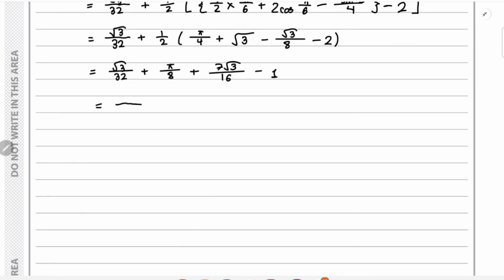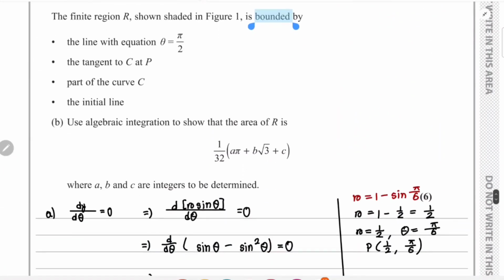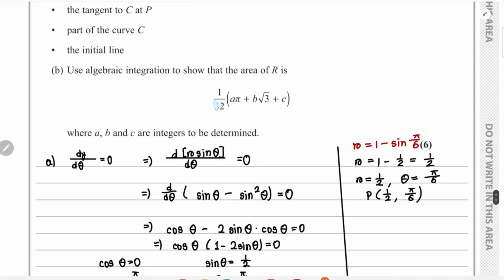We can now take 1 over 32 outside because the question asked us to give our answer in this form.